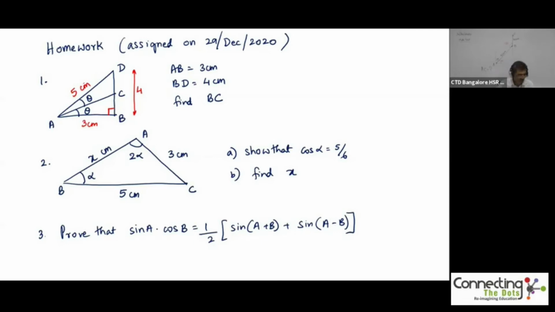This is a question where there are 3 or 4 different methods possible. Maybe we'll discuss a couple of them. Let me draw the same diagram on a fresh screen. So there is AB, there is alpha, 2 alpha, 3, and 5.